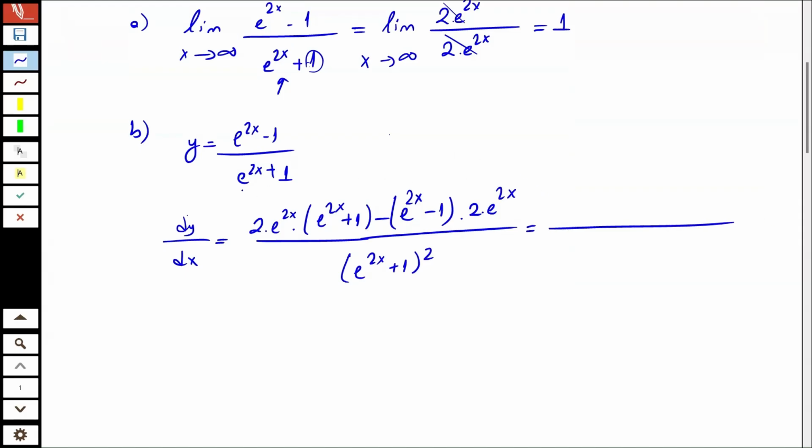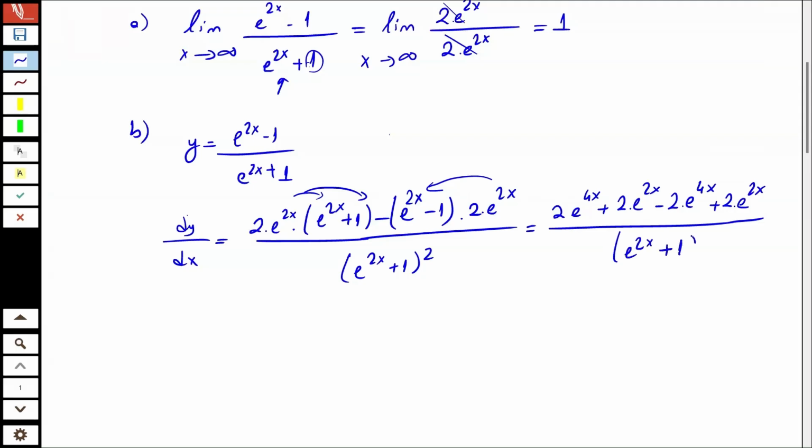Simplify this expression. We can write 2 times a to the power of 4x plus 2 times a to the power of 2x minus 2 times a to the power of 4x plus 2 times a to the power of 2x, divided by a to the power of 2x plus 1, squared.